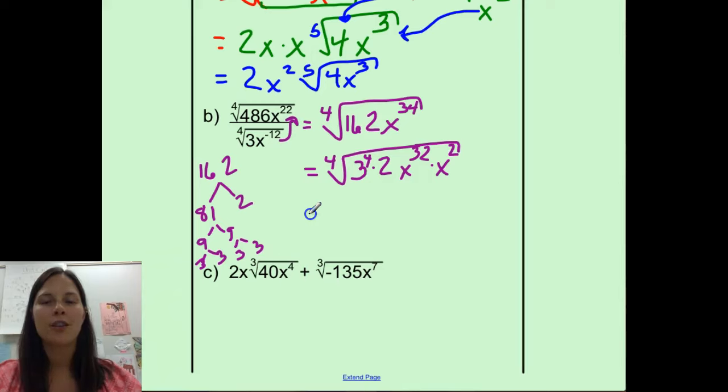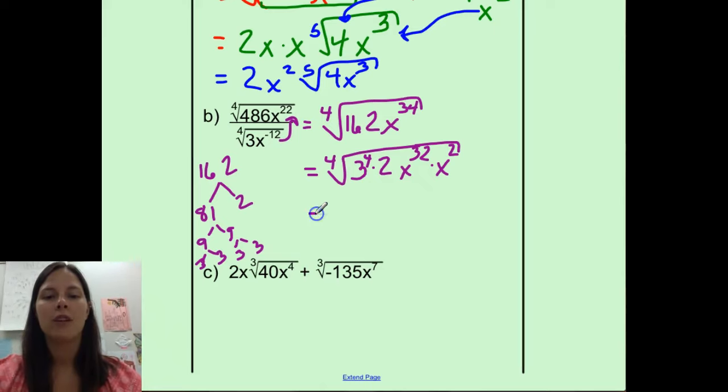So x to the 32 times x squared does equal x to the 34th power. To take the 4th root of x to the 32, you divide 32 by 4. Starting off with 3 to the 4th, the 4th root of 3 to the 4th is 3. That 2 will be left over.